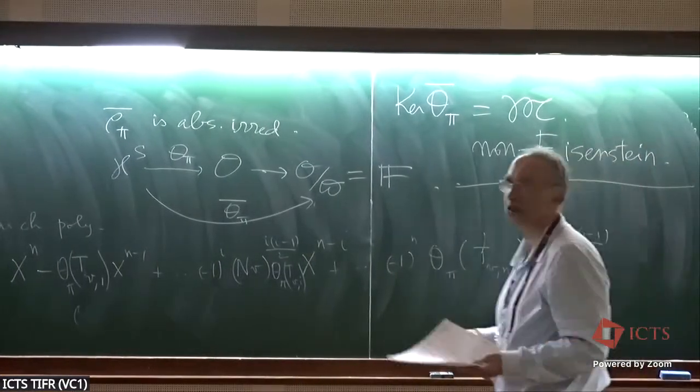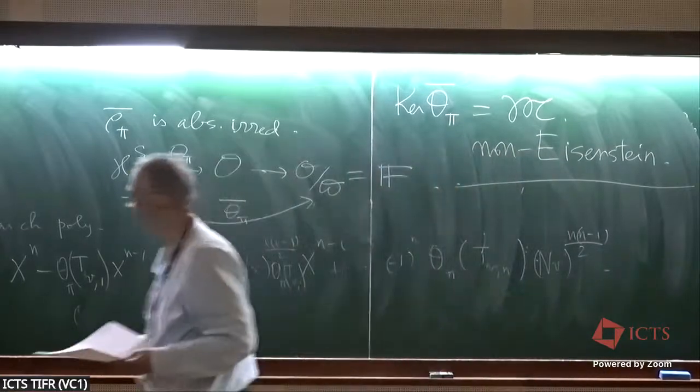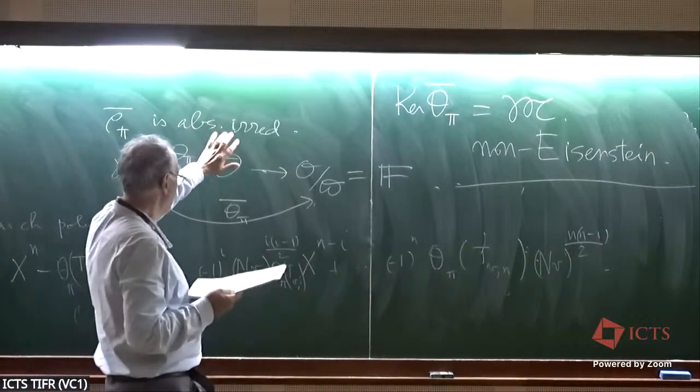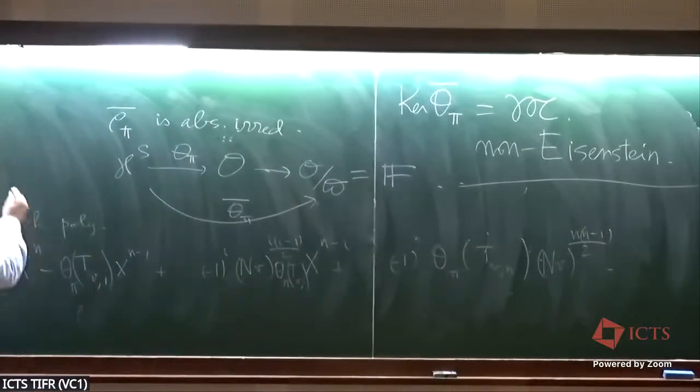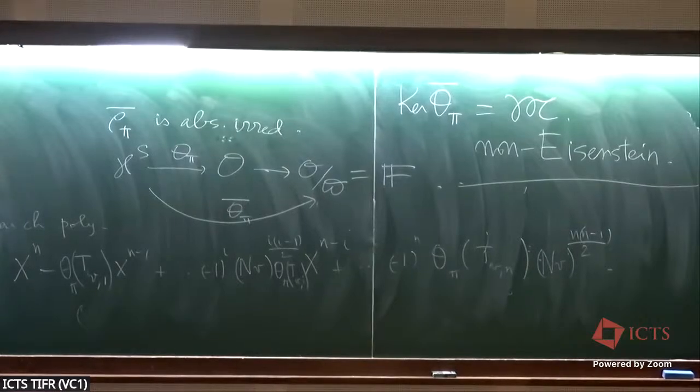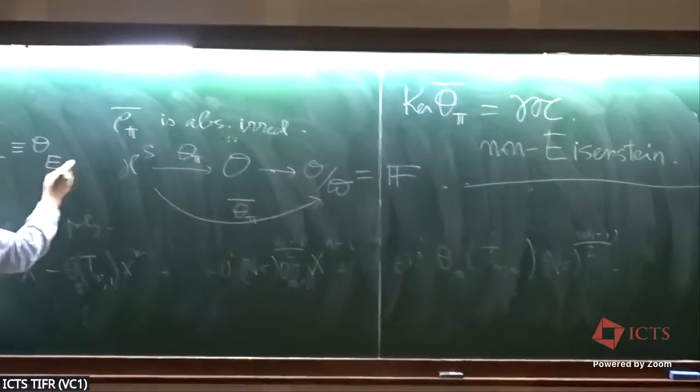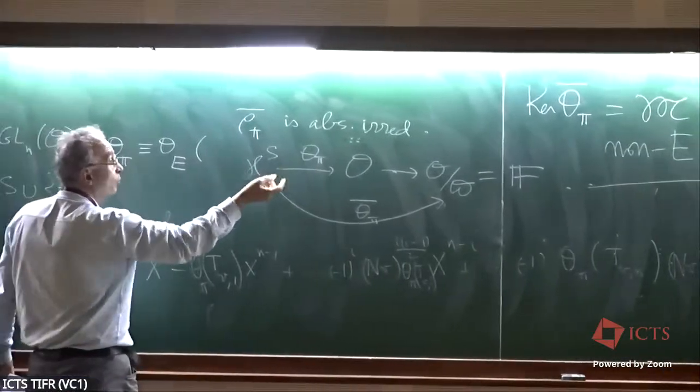Contrary to the situation studied by Raghuram, which is the Eisenstein situation. So non-Eisenstein is that, of course, you cannot have any congruence between pi and an Eisenstein series, because otherwise the residual representation would be reducible. And that's exactly what we assume not to be true. So it's impossible to have this Hecke eigensystem congruent to an Eisenstein Hecke eigensystem, modulo our prime pi.